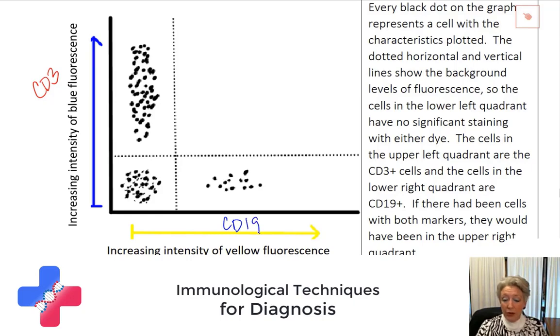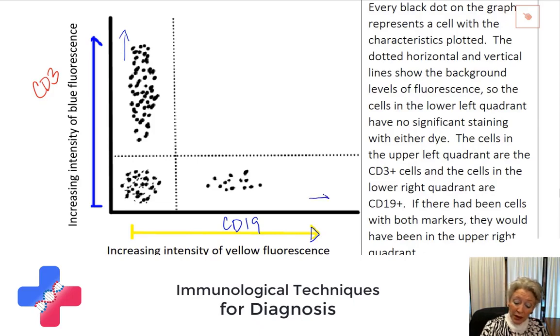Notice that every time a cell passes through the aperture, the machine is going to make a dot on the paper that reflects that it counted that cell and was measuring the intensity of fluorescence, making the dot in increasing intensity of fluorescence further to the right on the x-axis or further toward the top of the y-axis. So the most brightly blue cells are up to the top of the y.